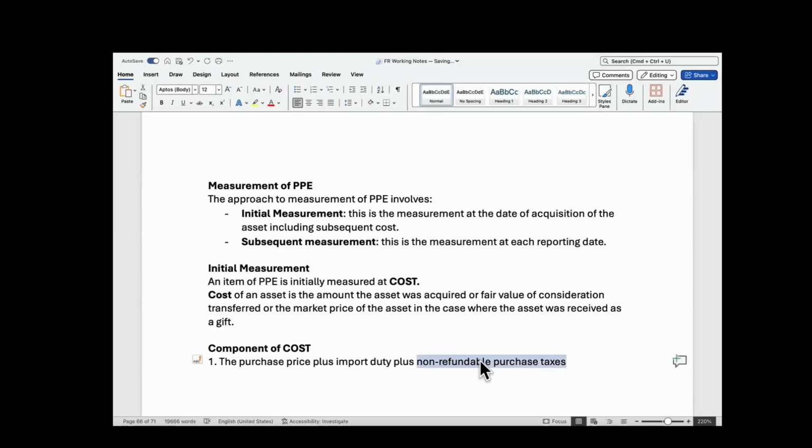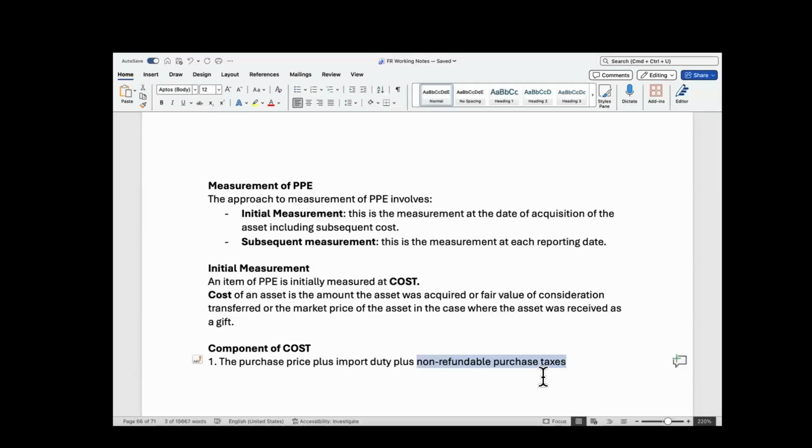And it has to be really non-refundable. If it's one you can claim as an input, like what the new tax reform in Nigeria has done, which allows you to claim the VAT you pay on capital items as input VAT, it means the VAT cannot be capitalized; you cannot add it as part of the cost of the asset.